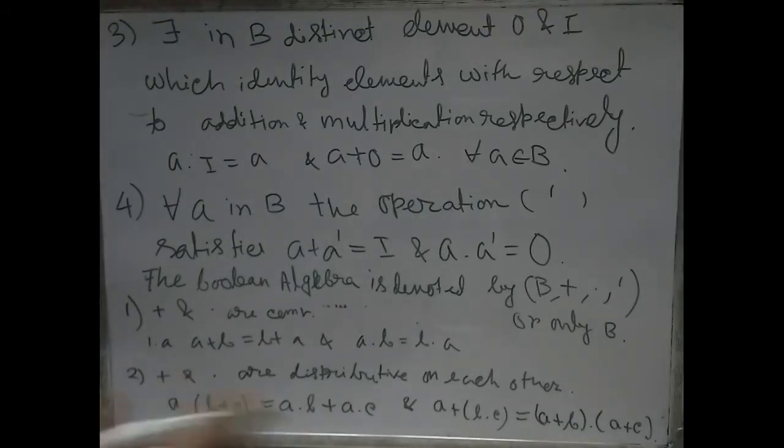So a non-empty set B whose elements satisfy these four axioms makes a Boolean algebra on B, similar to concepts like ring, field, group, etc.